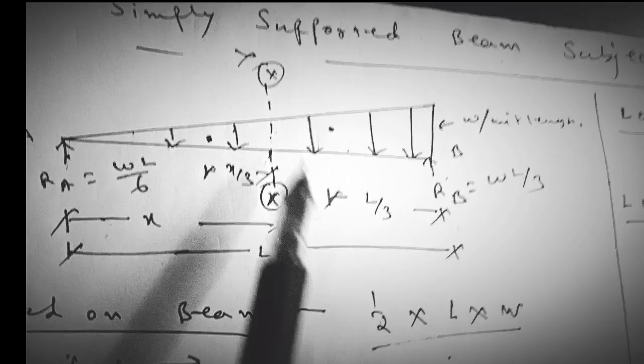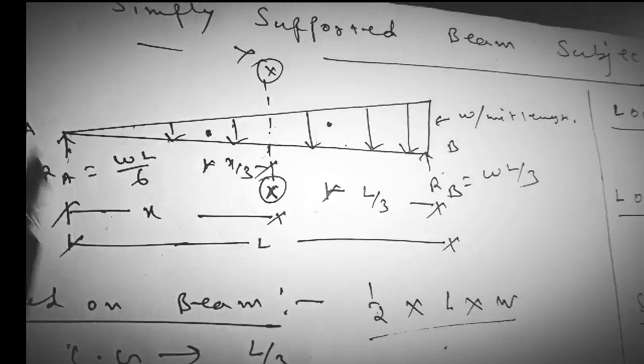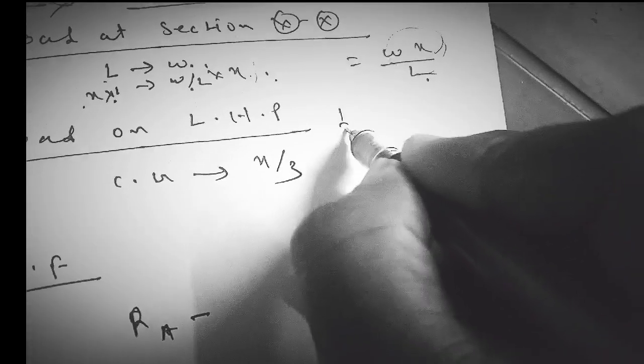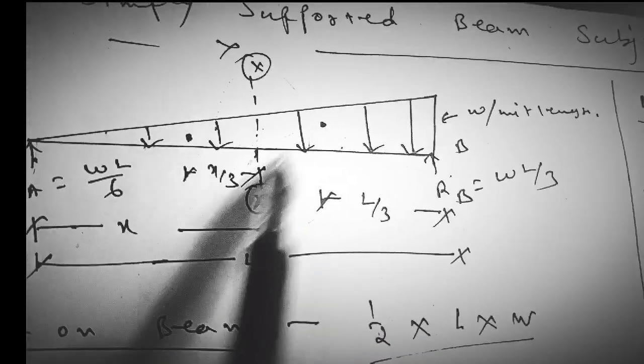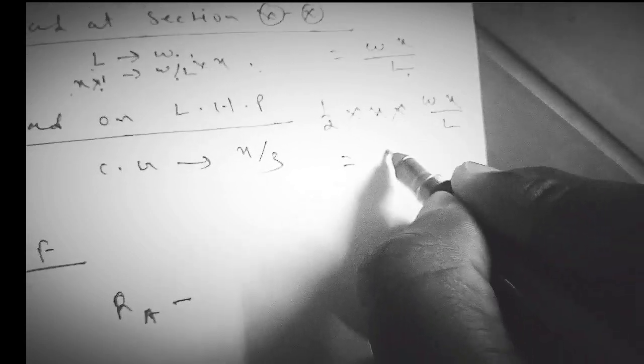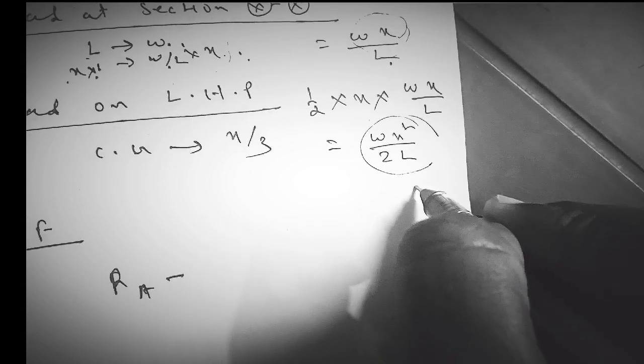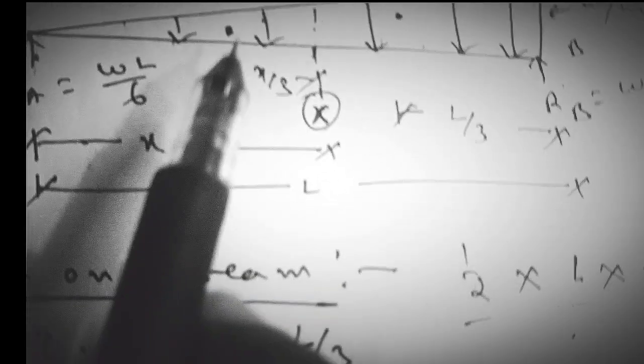For finding the load on the left hand portion, we have to find the area. It is a triangle. Half into base, which is X, and height, that means the value of the load at section XX, which is W into X divided by L. So it is WX square divided by 2L. This is the load on the left hand portion, and its CG will be X by 3 from this section.